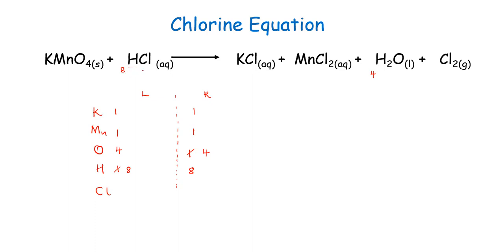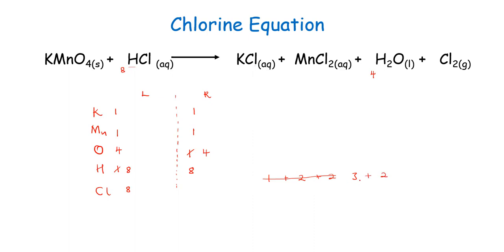Chlorine, we have 8 chlorine atoms on the left hand side because of the 8 we introduced, while on the right hand side we have a 1 here, a 2 this side, plus a 2 here. Let me write it here: 1 plus 2 plus 2 is equal to 5, but we need 8. Here we have 1 plus 2, which is 3. So let me rewrite this: we have a 3 plus a 2.